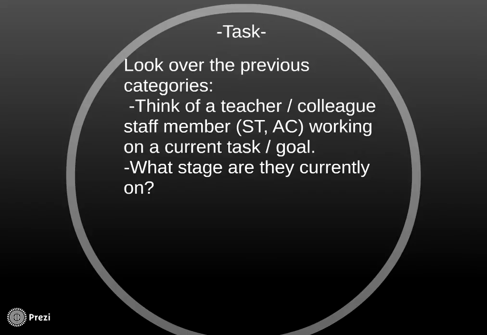It could be the senior teacher that has just started observation training. Based on their behaviors or attitudes that you can tell, where are they in that stage of development? Are they a beginner? Are they a cautious performer? Are they a disillusioned learner? So where do you think they fall?